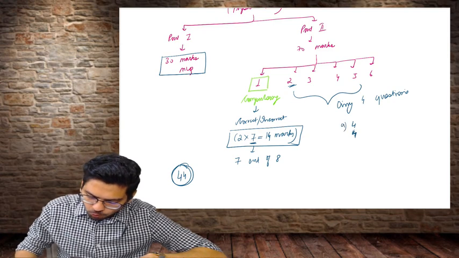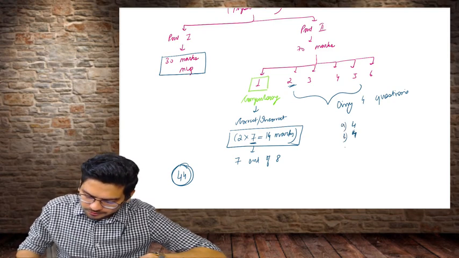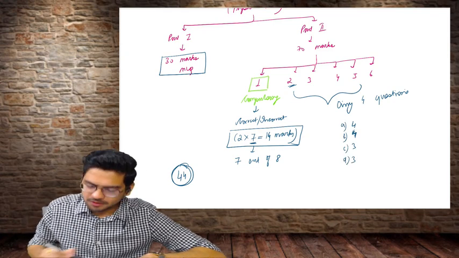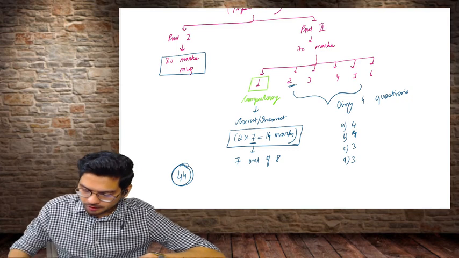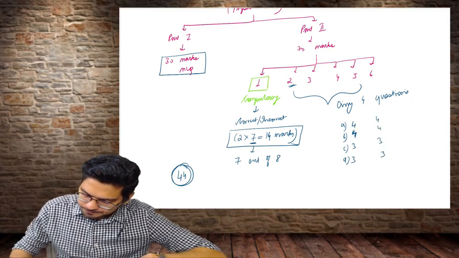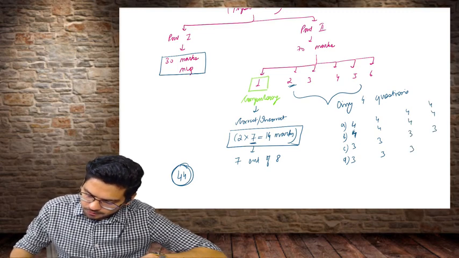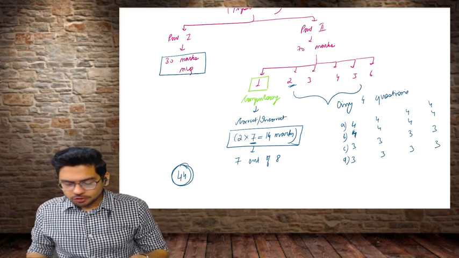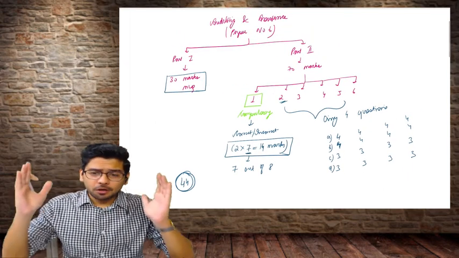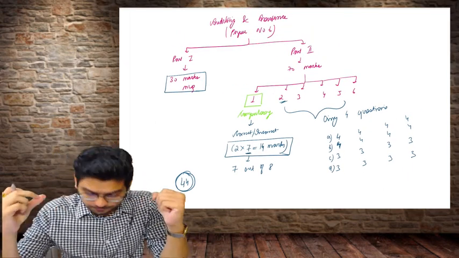The first part, let's say, of 4 marks, the second part also of 4 marks, then a 3 marks question and then again a 3 marks question. This way we have to take up 4 questions out of the given 5 questions. So this is the entire pattern of this particular paper.